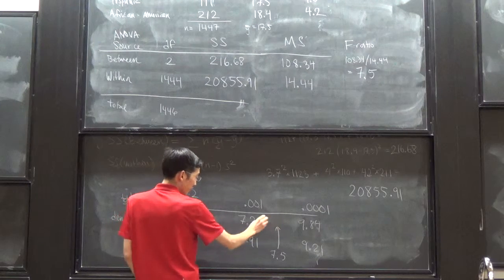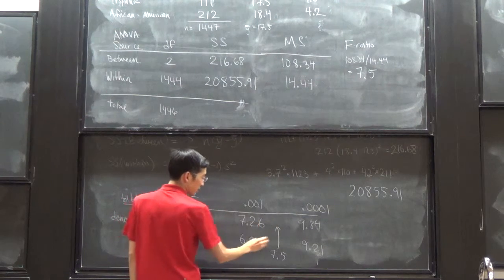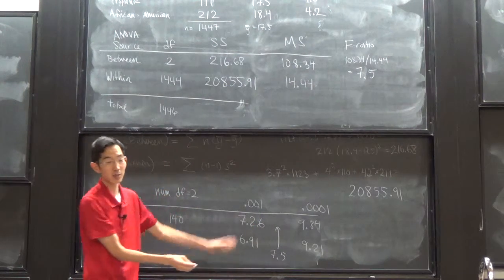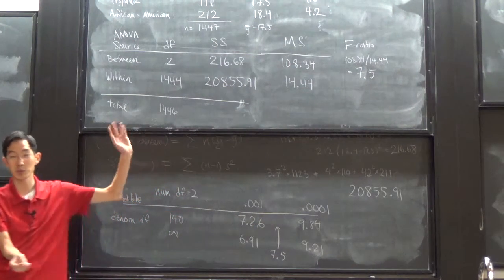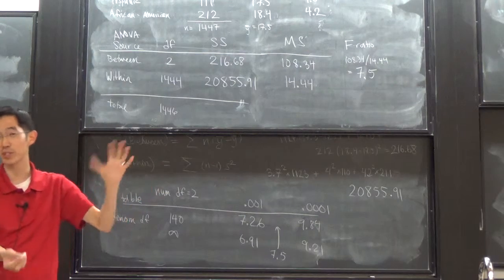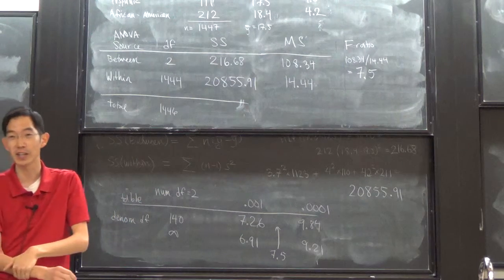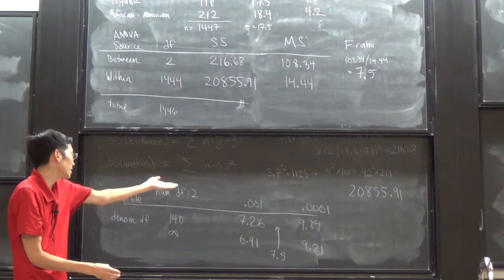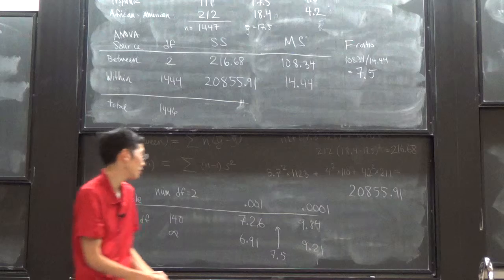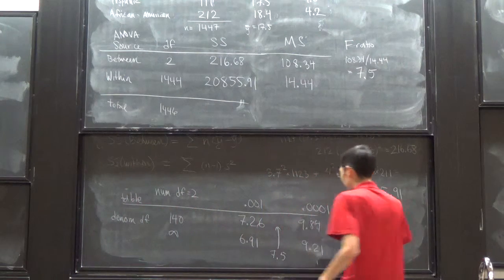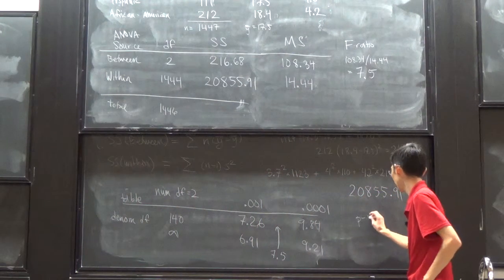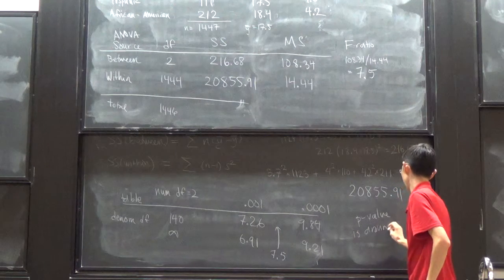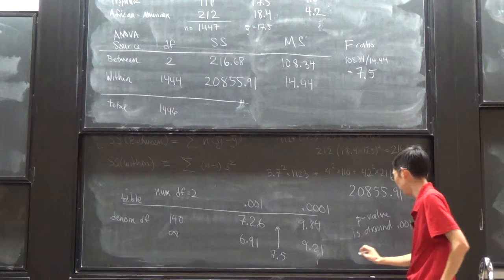It does seem to be closer to this value. Plus ours wouldn't be exact because we didn't have the exact mean. We just took 17.5 as a good enough number for the mean. So I would say our own calculations seem to indicate that the p-value is around 0.001, maybe a little less.